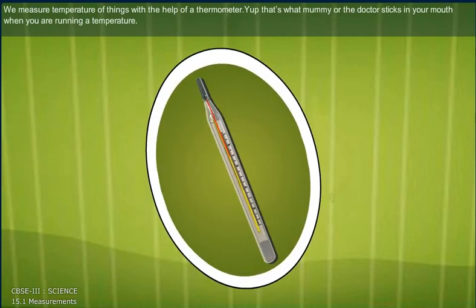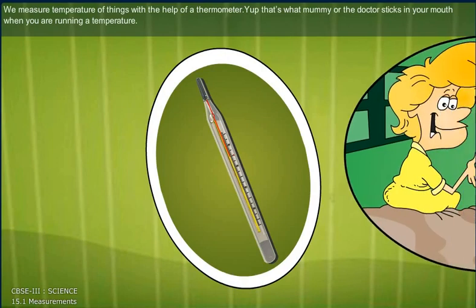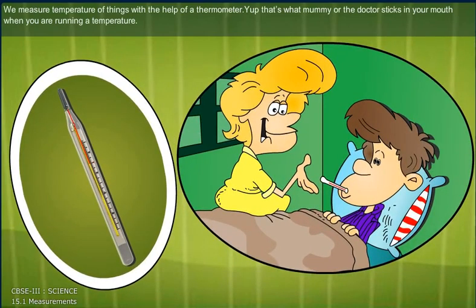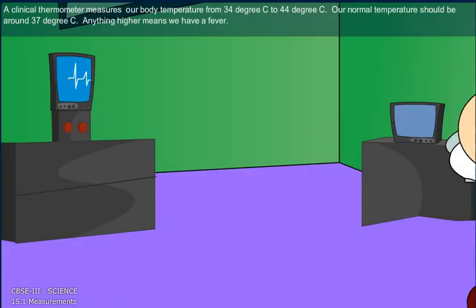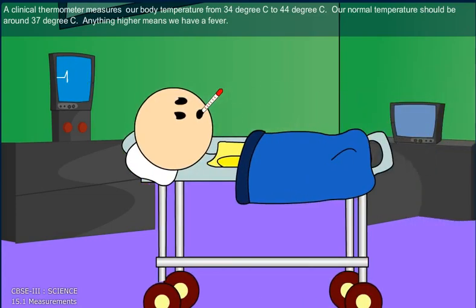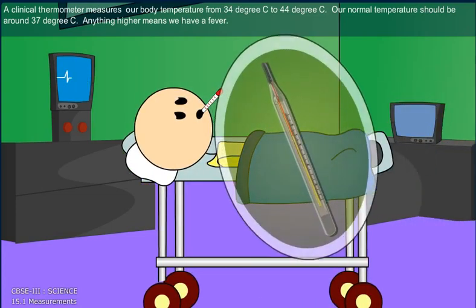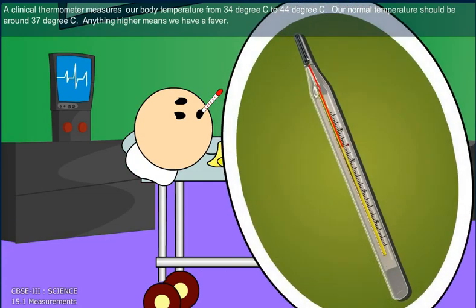We measure temperature of things with the help of a thermometer. Yup, that's what mommy or the doctor sticks in your mouth when you are running a temperature. A clinical thermometer measures our body temperature from 34 degrees Celsius to 44 degrees Celsius.